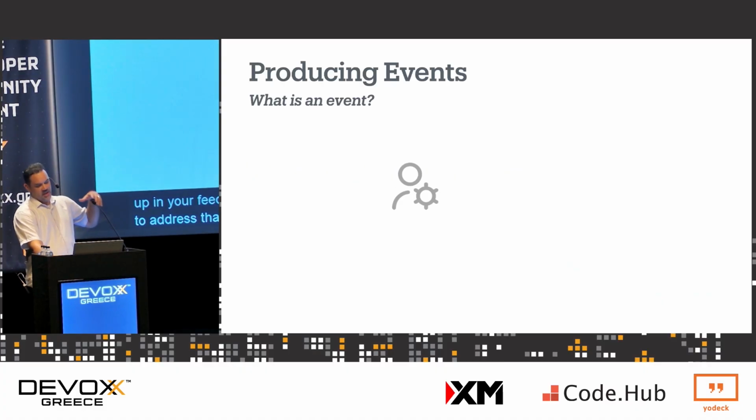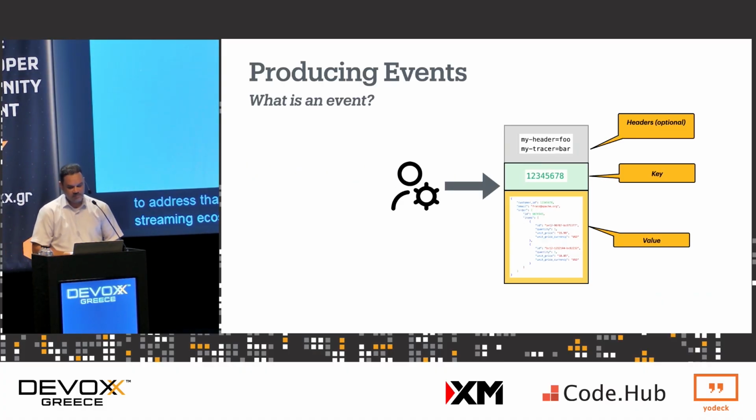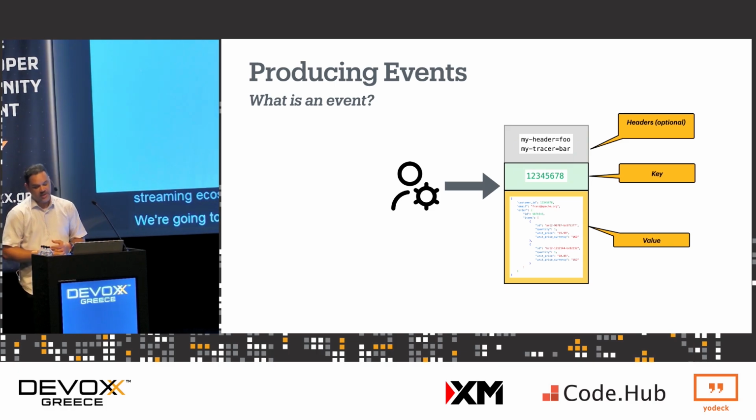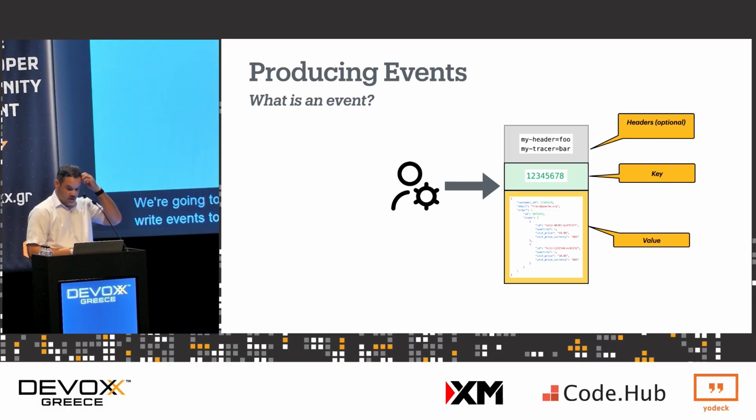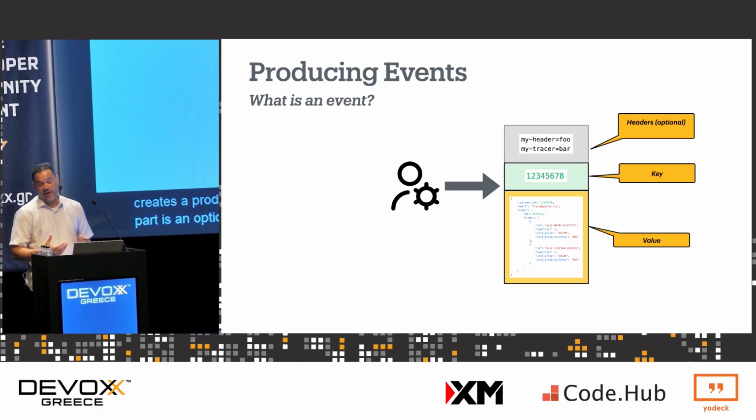So let's talk about this event streaming ecosystem specifically with Apache Kafka. We're going to start out by talking about the producer side, or the applications that actually write events to Apache Kafka. Those are called producer applications, and your producer creates a producer record, or an event, that looks something like this. It has three parts. The first part is an optional set of headers. These are just key-value pairs.